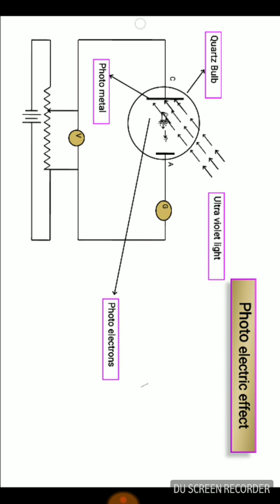Now the next phenomenon is the photoelectric effect. When radiation of sufficient energy is incident on a photometal, then electrons are emitted. This phenomenon is called the photoelectric effect. In this quantum mechanical picture, the energy of the light particle must overcome the binding energy of the electron to the nucleus.